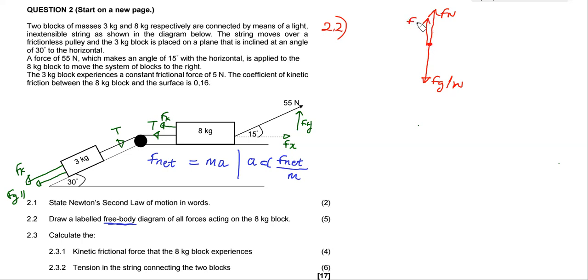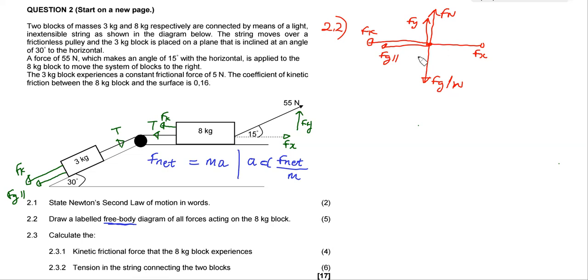It's acting on the 8 kg block and it's going up. And going to the right we have our Fx, and to the left we have our Fk. Then we also have our FG parallel.